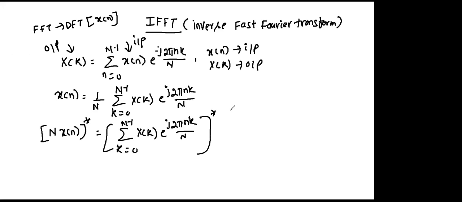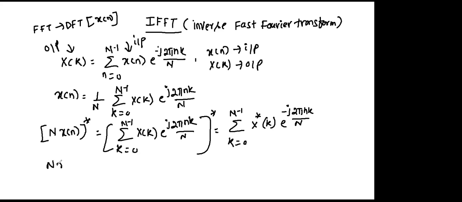It is a conjugate, that is a summation of k from 0 to N minus 1. I can write this as X conjugate k, and e to power j 2 pi nk by N conjugate means e to power minus j 2 pi nk by N, because e to power j theta conjugate is e to power minus j theta, and N is a real number, no problem.